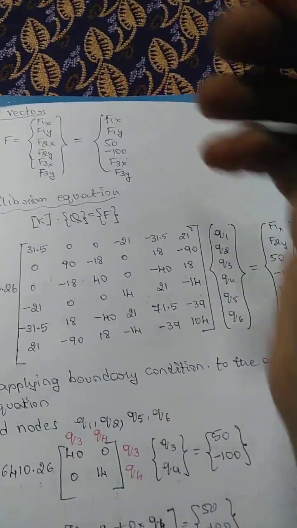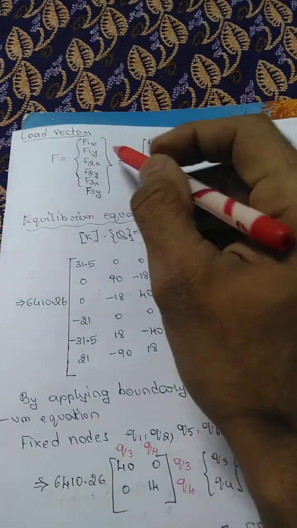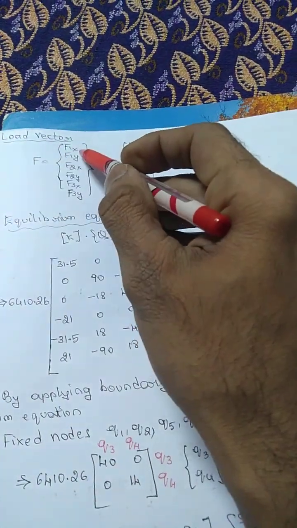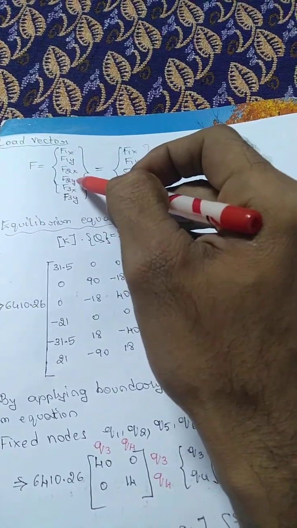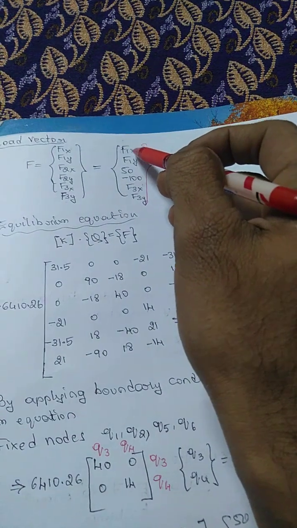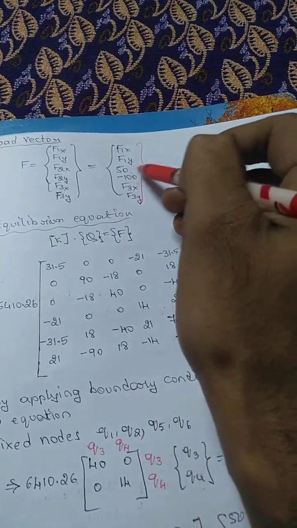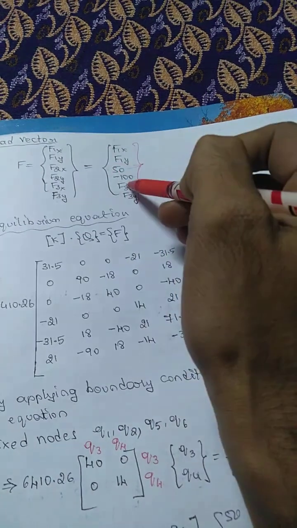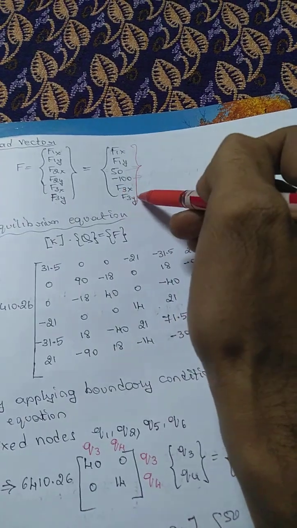After that we'll calculate the load vector. Okay, so load vector f equal to f1x, f1y, f2x, f2y, f3x, f3y, that is equal to here given f1x, f1y, and here they have given plane strain, that is 50 positive, and plane stress, that is minus 100, f3x, f3y.